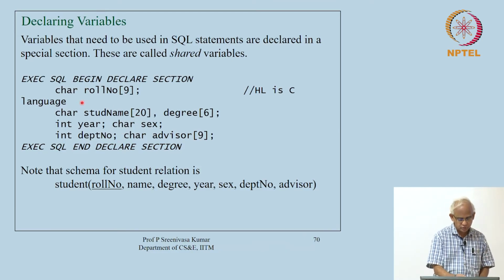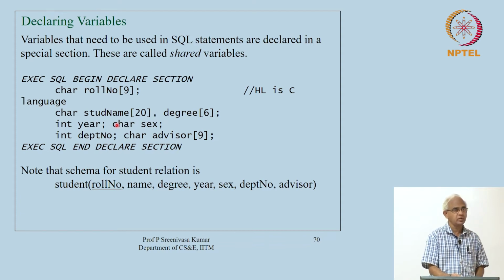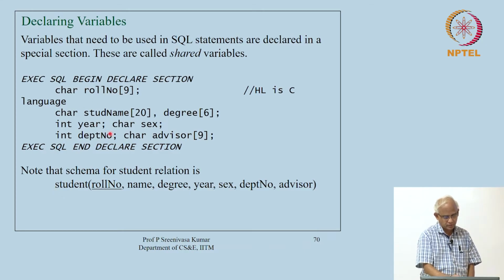But they can also be used inside SQL commands, and if you use them inside the SQL commands, we should distinguish them by putting a colon before these variables. Of course, notice that these variables have been declared keeping in mind the schema of the student relation that we have. So, all these variables correspond to the attributes in the student schema.